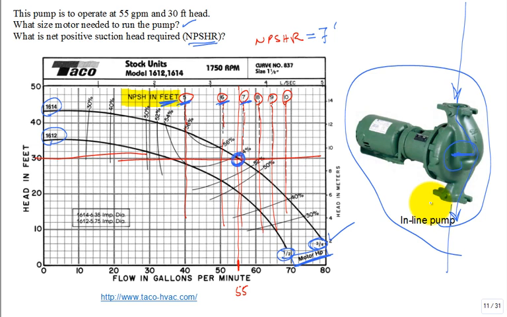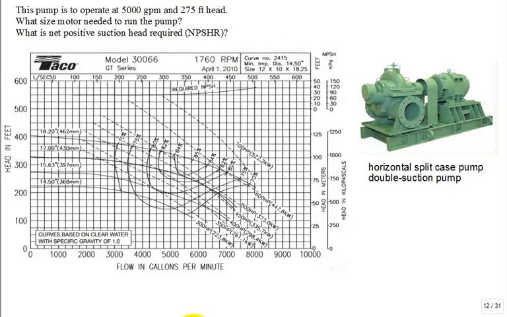There's a lot of pumps out there, different configurations. Here's a big pump. This is a horizontal split case pump, double suction. What you could do is open it up, unbolt the top, so you can split it open up.